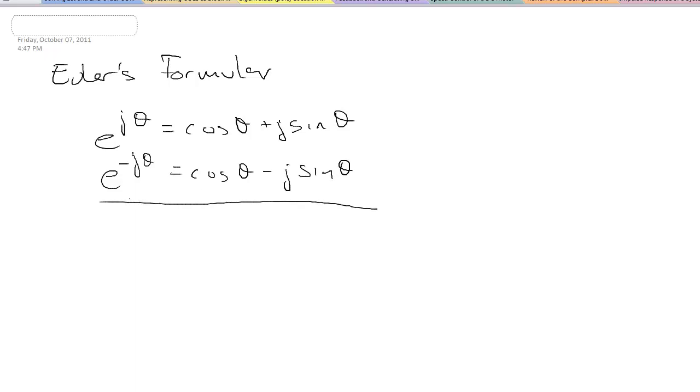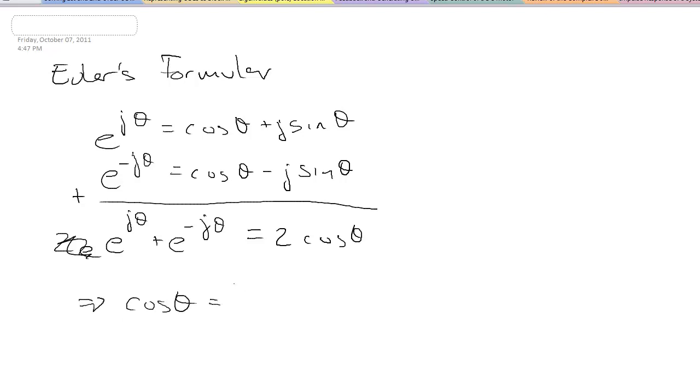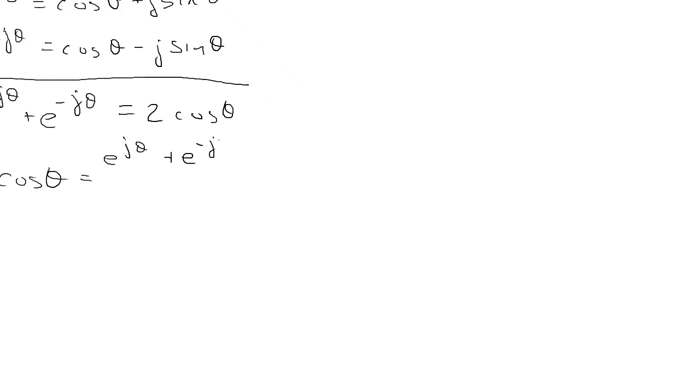If I add these together, I get e to the j theta plus e to the minus j theta is equal to 2 cosine theta. So cosine theta is equal to e to the j theta plus e to the minus j theta all over 2, which is exactly what we had, where theta here is equal to omega t plus phi of omega.